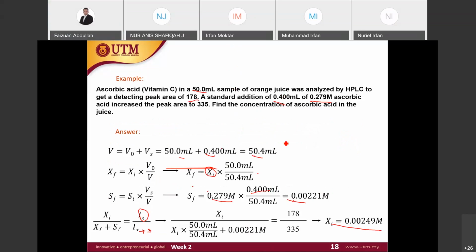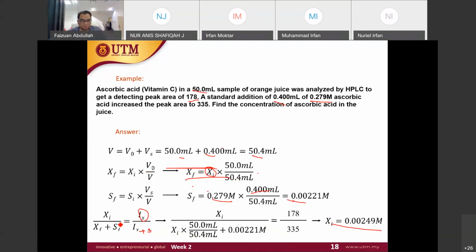All right, do you have any question? Okay, we can see from this example, we know the V, and then XF, we know the equation of XF here, and we know the equation of SF here. And we put all the values inside this equation.